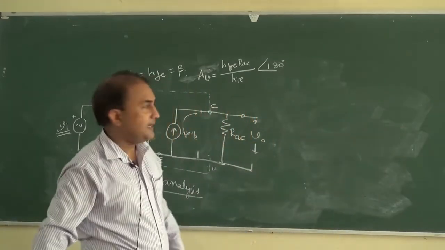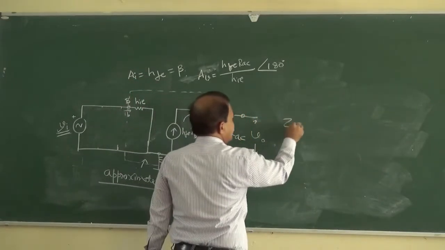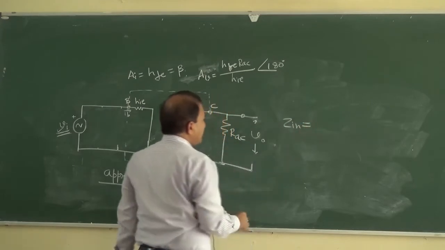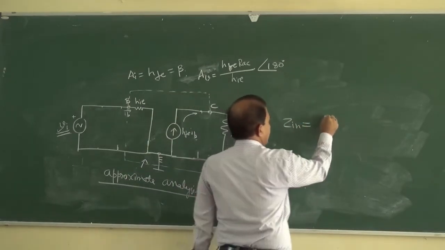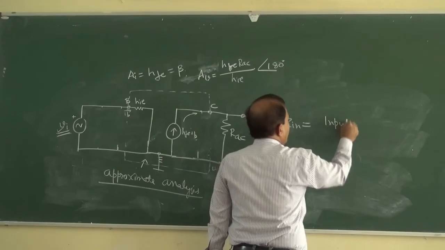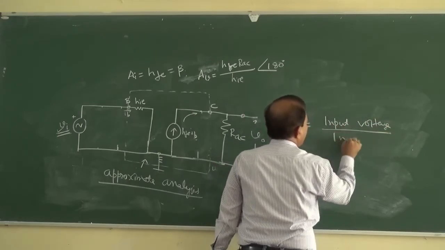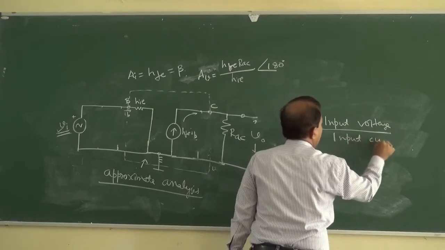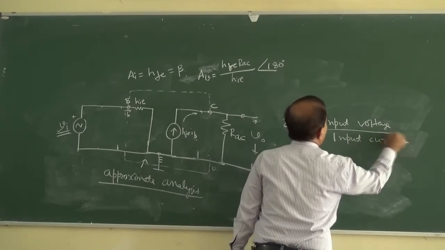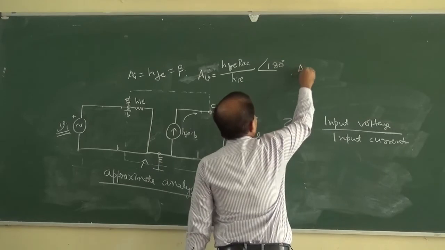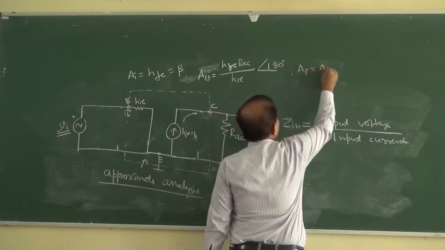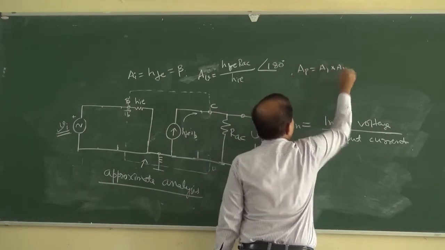Then we have to determine the input impedance Zin. It is equal to input voltage divided by input current. Okay, and AP is equal to AI into AV.